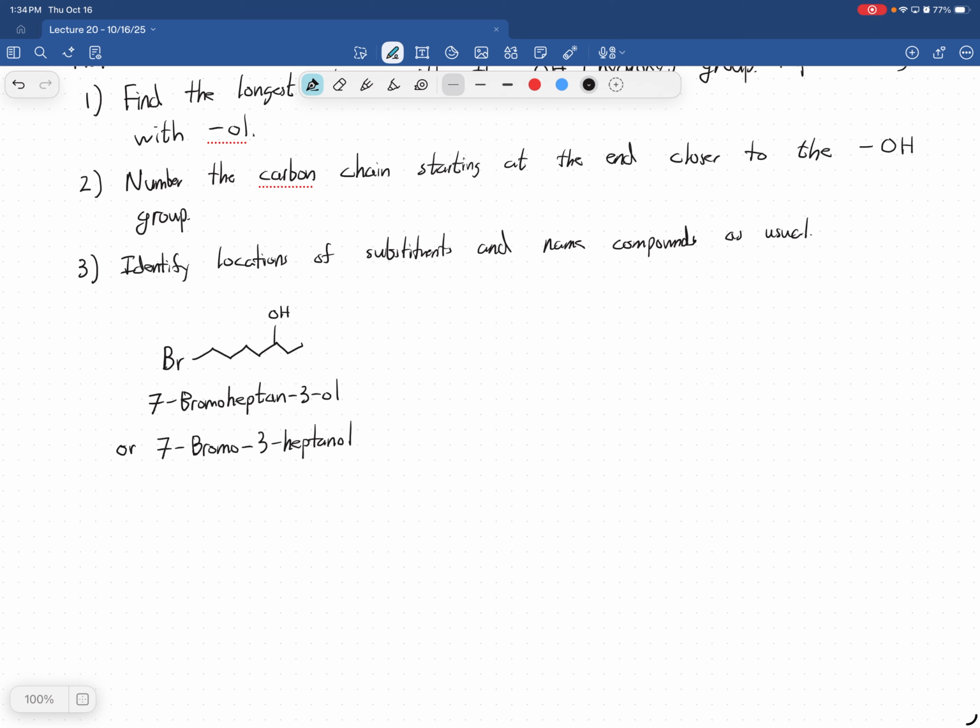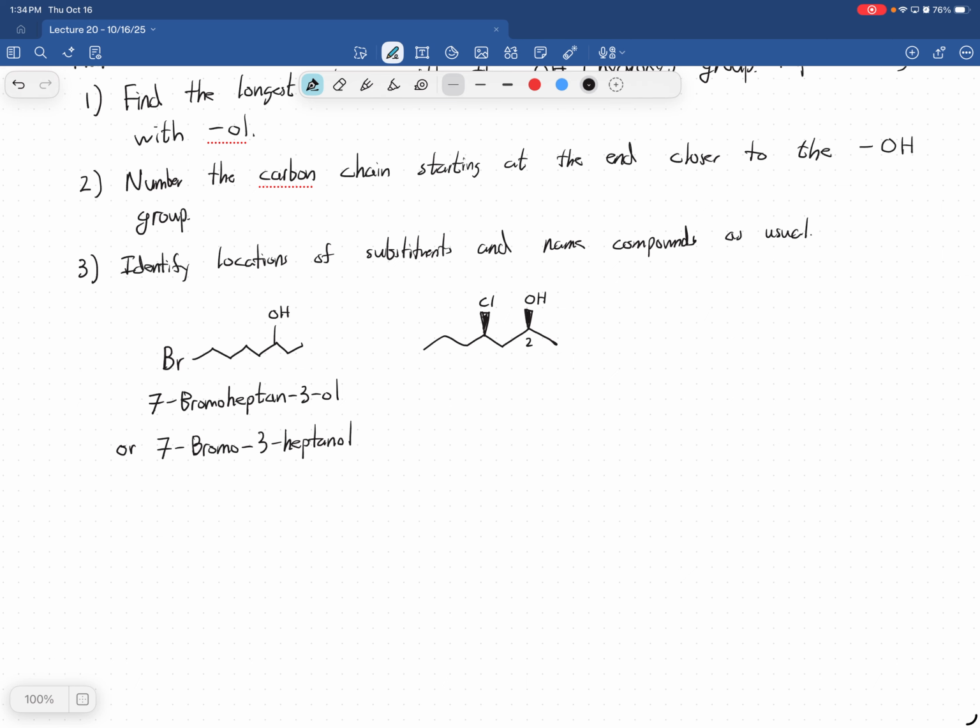No? Okay. So let's try another one. All right, now we have some stereochemistry involved. Okay, so what's the OH position? 2 or 7 or 6? Good, 2. So this will be number 2.